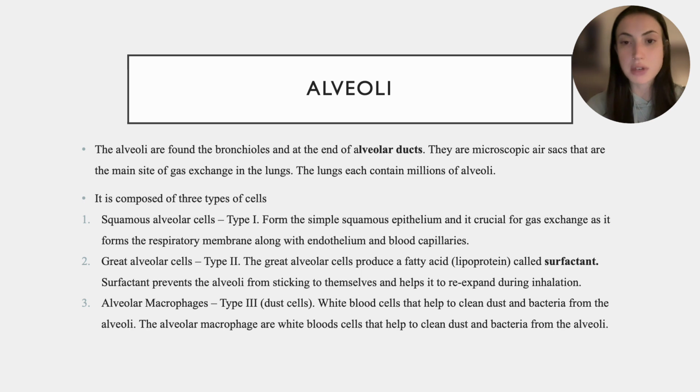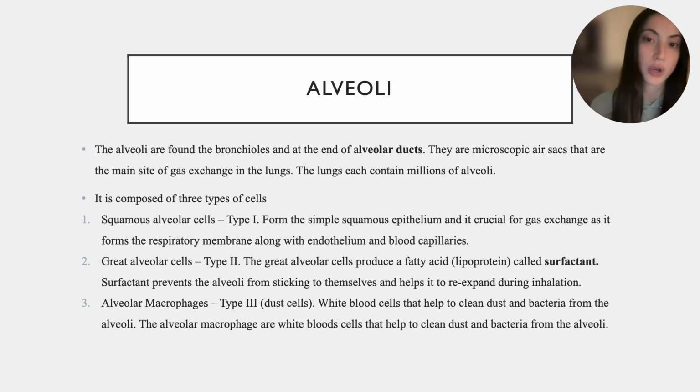They are composed of 3 types of cells. The first type is the squamous alveolar cells, which form simple squamous epithelium and are crucial for gas exchange as it forms the respiratory membrane along with the endothelium and blood capillaries. The second type that I'm going to talk about are the great alveolar cells, which produce a fatty acid lipoprotein called surfactant.